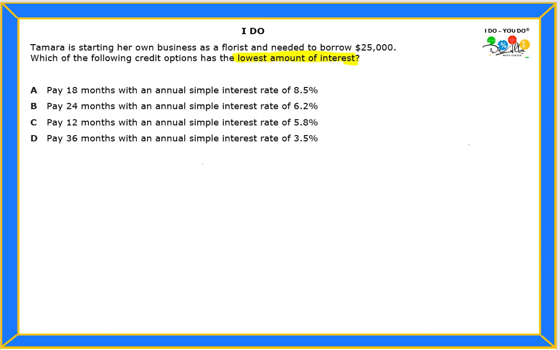Because remember, since she's going to borrow money, interest is not that good, right? That means she's going to have to pay back the $25,000 plus any extra interest that accumulates in the time that she's going to have the loan. So that's the reason why she wants to find the one with the lowest amount of interest.